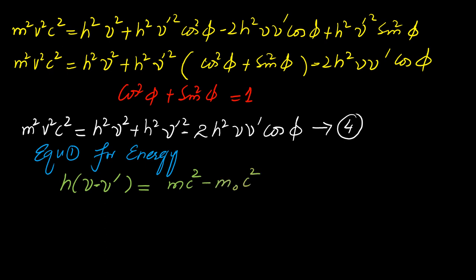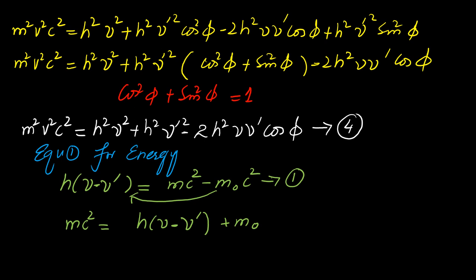This is equation number 1 which we have previously calculated. So let us shift m naught c square here. So we will get mc square is equal to h into nu minus nu prime plus m naught into c square.